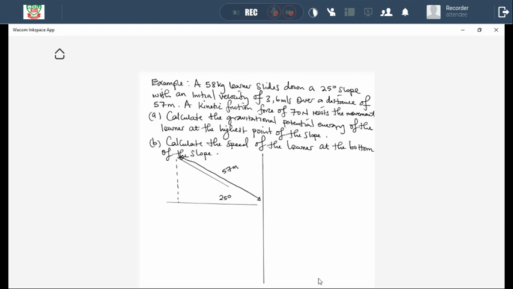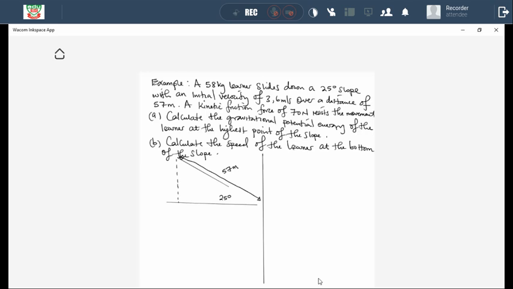So the learner is sliding on that incline. I'm not going to draw the learner there, but we can all appreciate the slope and the learner going down. That is what we have.